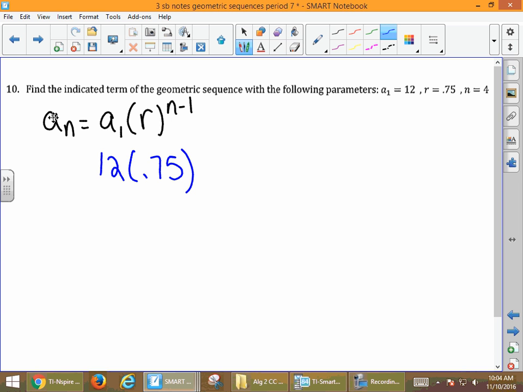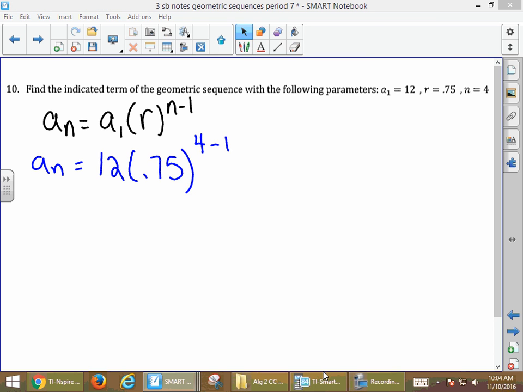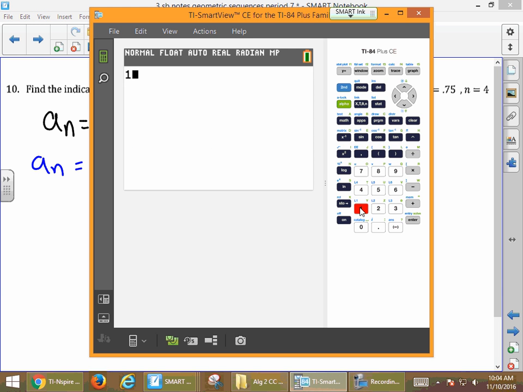And then n minus 1, well, n was also given to us. And when we type this into our calculator, we get 12 times 0.75 to the 4 minus 1. Then we get 5.0625.